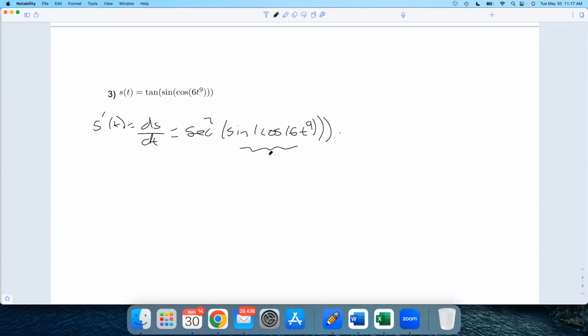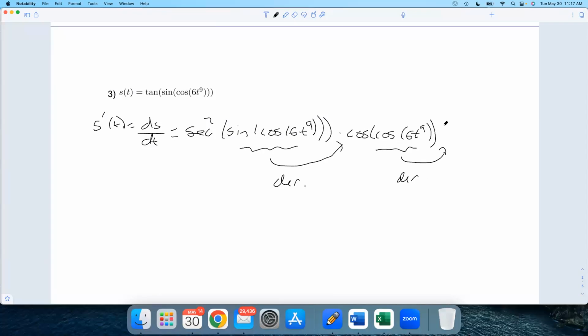So now this guy's derivative will come over here. Derivative of sine of anything is cosine of the same thing. So I get a cosine of a cosine times the derivative of what's inside. So now I got to take this guy's derivative.